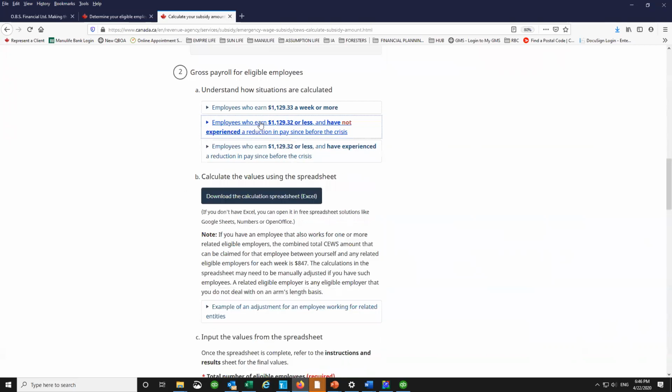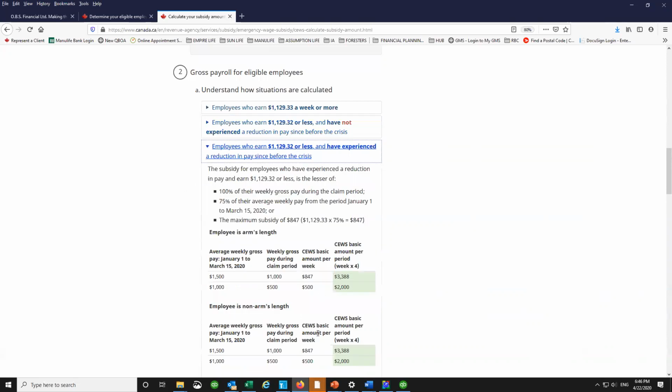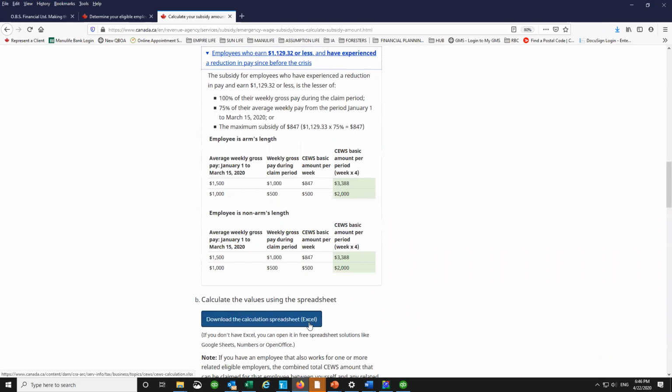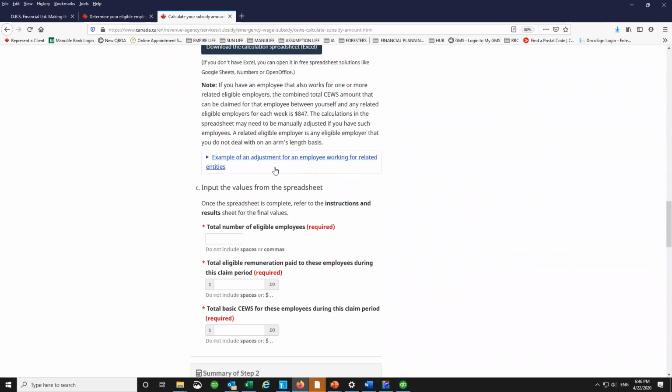And then the third one is for those employees who have experienced a reduction in pay, either due to a reduction in hours or they're receiving a reduced rate of pay, and they're working at home or receiving paid time off. And that calculation is in here. This gives you all the nuts and bolts as to how the calculator works, which is step B.